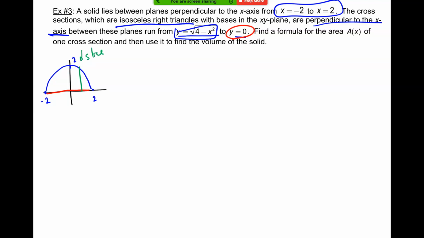Alright, so this is my height, and my height is the function root 4 minus x squared. And it's an isosceles triangle, so the height is the same as well. So isosceles means these two have the same length.